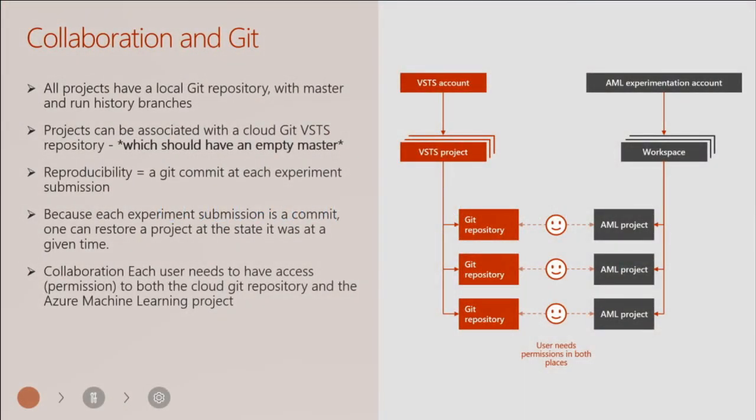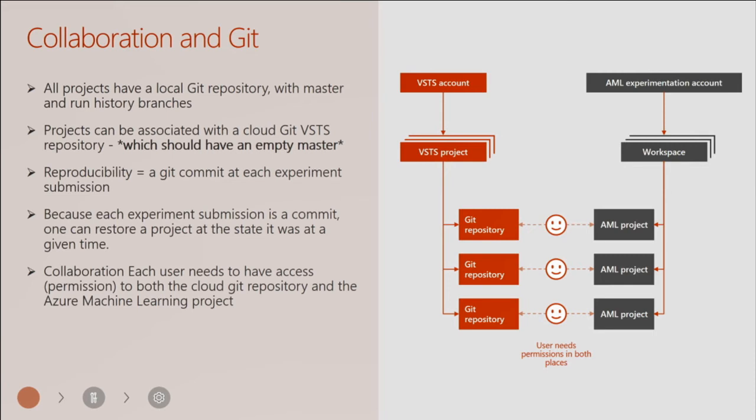And what we're going to do is take the fact that each of the projects in Azure Machine Learning is backed by a Git. It's a local Git, and it is automatically backed by Git. Subsequently, at project creation time, I can specify a Visual Studio, a VSTS Git repo, a cloud Git repo. And once I provide that URL, things just light up, because now I can use the same project on multiple machines, right?